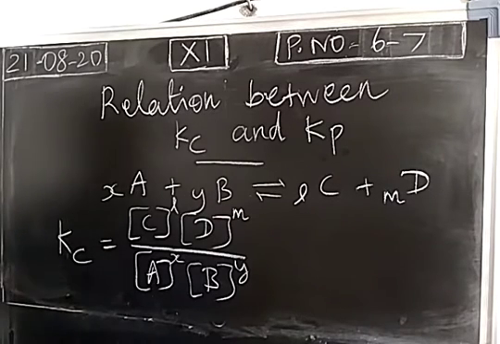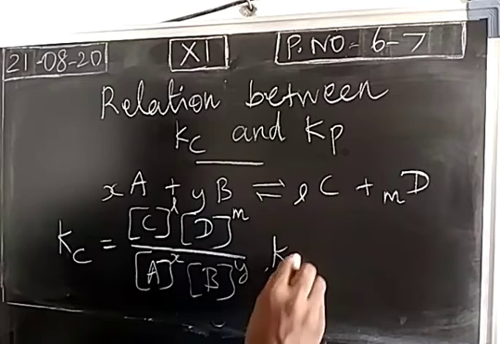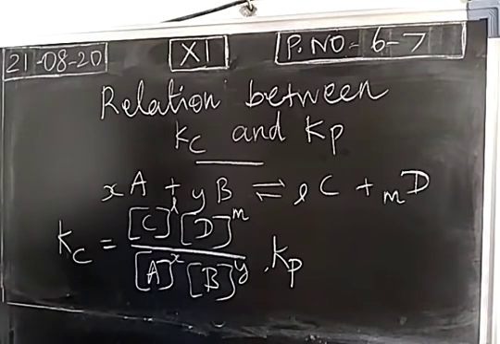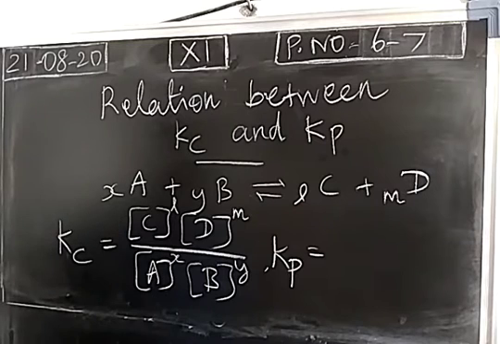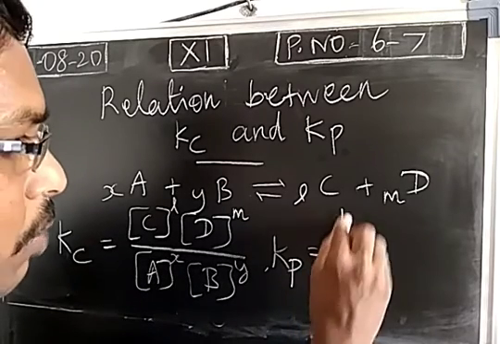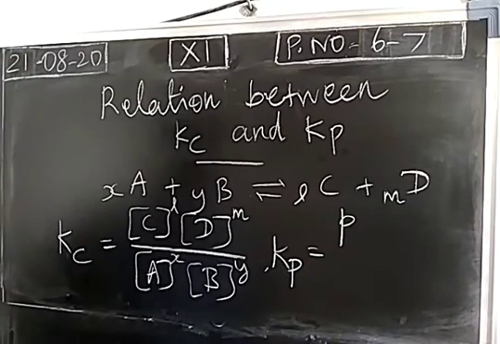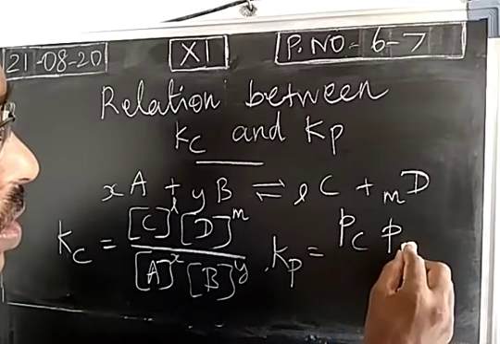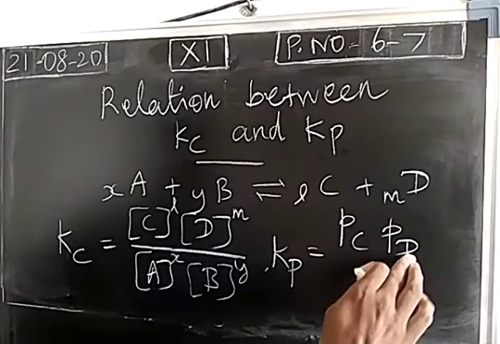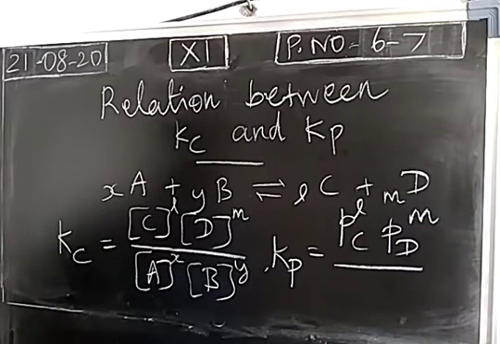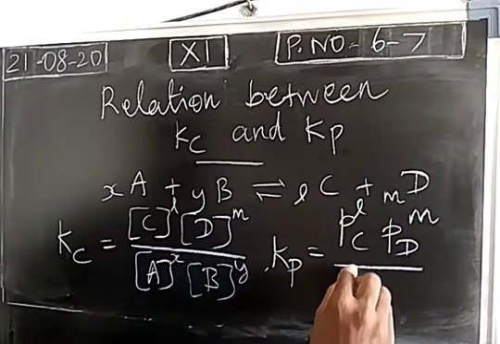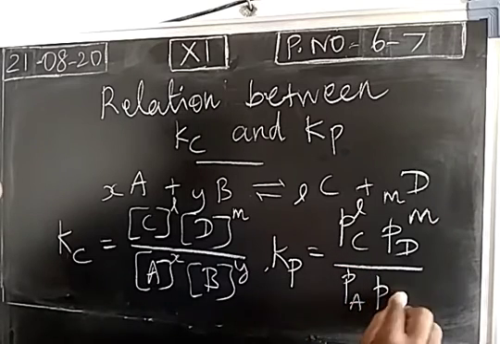Then what about equilibrium constant in terms of partial pressure? If the reaction is taking place in a gaseous phase, equilibrium constant in terms of partial pressure is the product of partial pressure of products raised to the exponential powers L and M, divided by the product of partial pressure of the reactants.